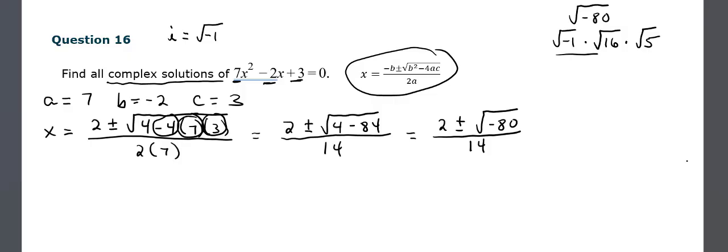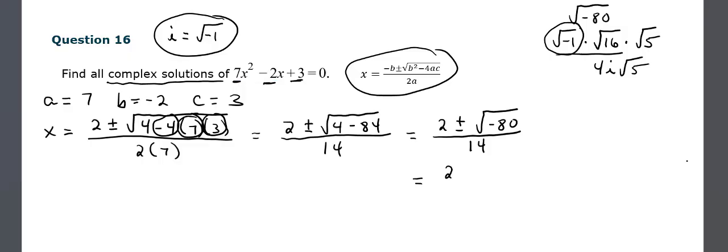So the square root of negative 1 and 16 would give us 4i, because the square root of 16 is 4, and remember the square root of negative 1 is i, square root of 5. So we have 2 plus or minus 4i times the square root of 5 over 14.